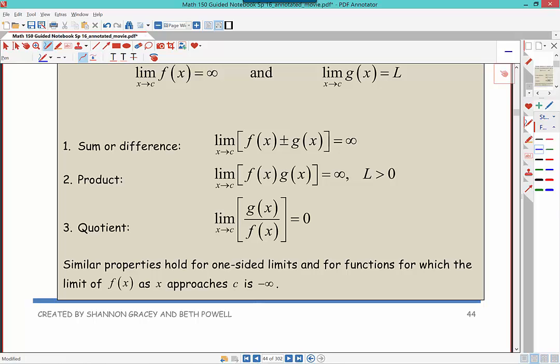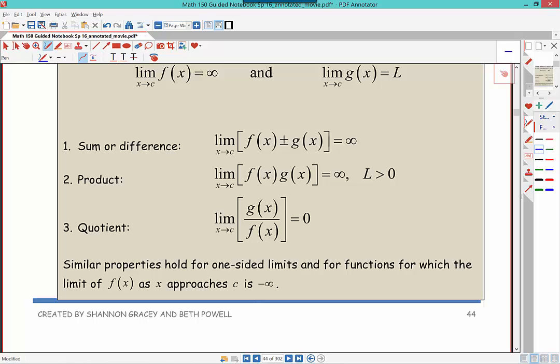Some constant. So it turns out that infinity, remember, is just an idea. So if you're adding or subtracting a number from infinity, you still get infinity. If you're multiplying a positive number to infinity, you get infinity. And if you are dividing by infinity, and this works for negative infinity as well, you get 0 as long as you have a constant in the numerator.